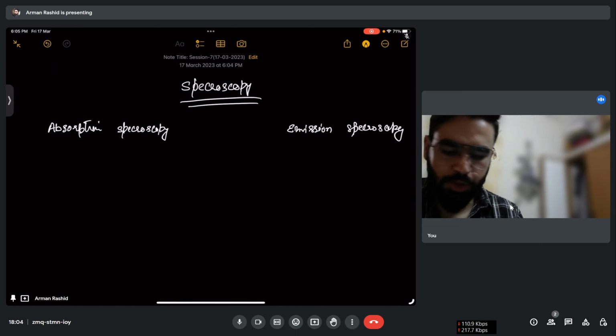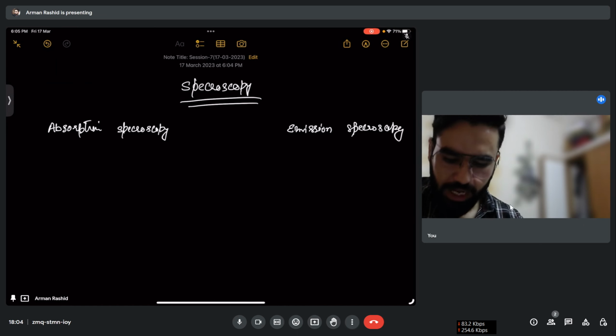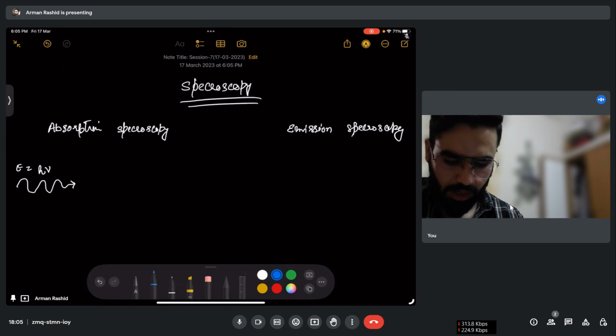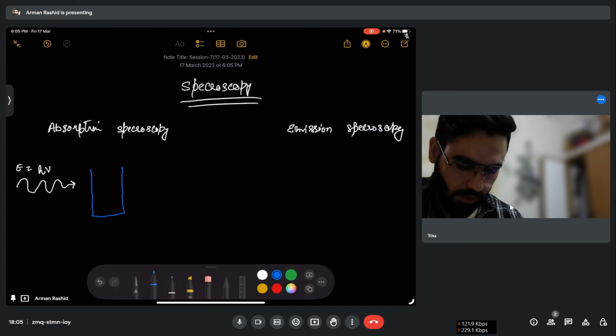In absorption spectroscopy, what we actually do is give a light, for example with an energy equivalent to h nu, and we have a cuvette which contains our molecule of interest.